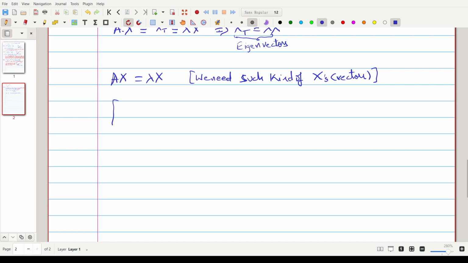So if we write this A again, which is A, B, C, D, and the vector x, which is having the elements x1, x2, this is just some scalar times the original vector x1, x2, right? So we take the right hand side to the left because this x vector is common in both.